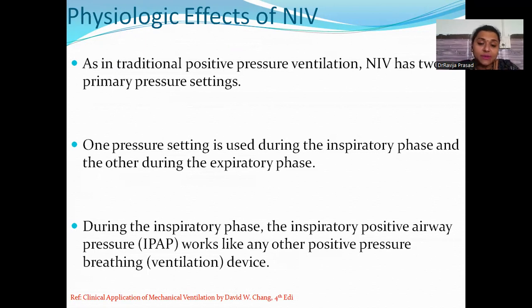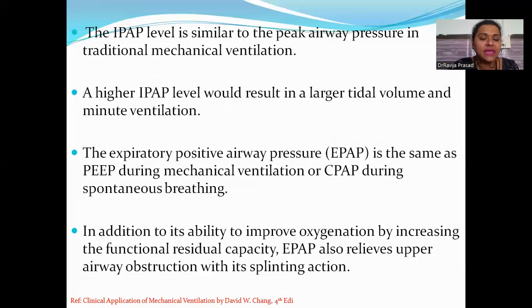Now, what happens in the inspiratory phase? In the inspiratory phase, the inspiratory positive airway pressure, called IPAP, works like another positive pressure breathing device. The IPAP level is similar to the peak airway pressure in traditional mechanical ventilation.